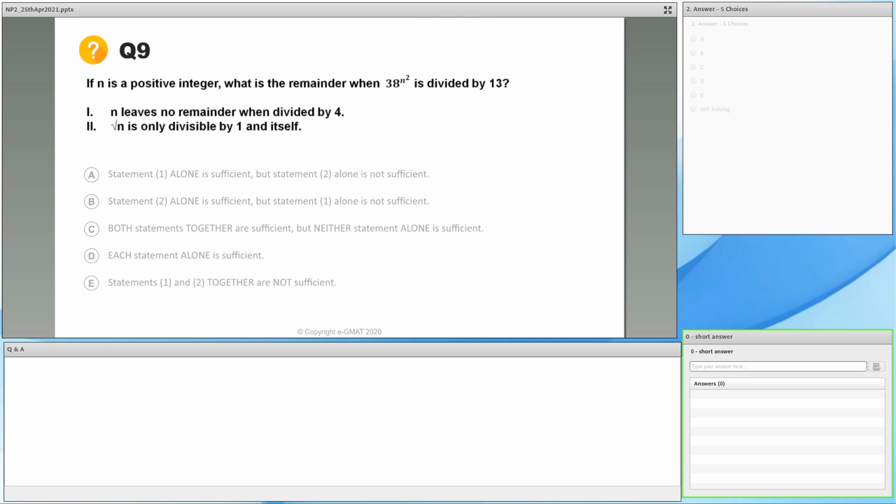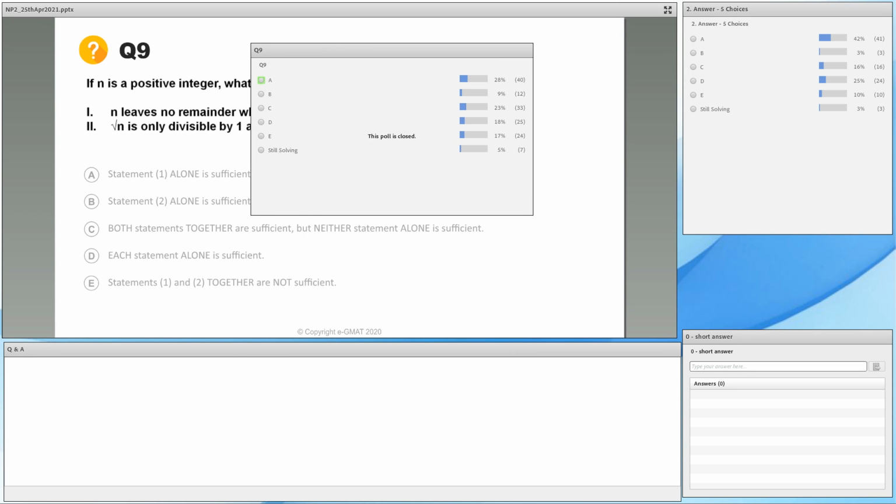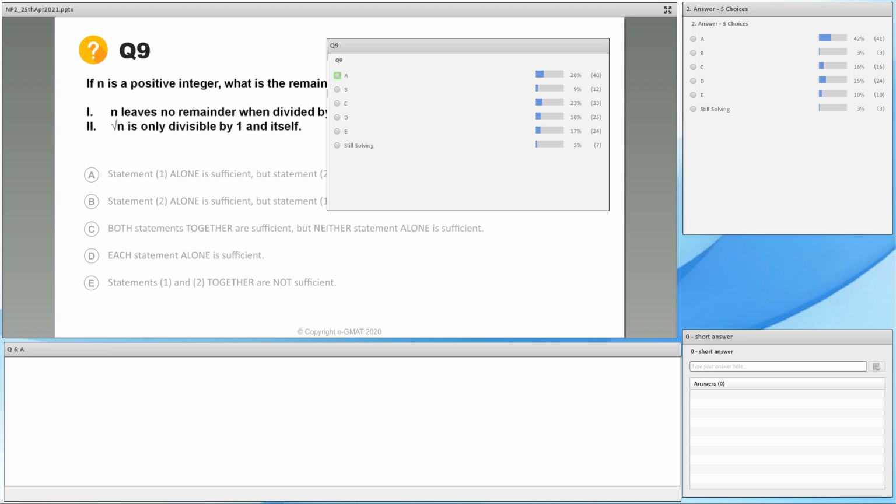Let me just broadcast the results. Option A was chosen by 42%. And again, let's do that compare and contrast, which I keep telling you about. Let me check. Are the results visible? Yes, they are. Option A is the correct answer for this question. Last time 28% of the batch chose this. Now it's increased to 42%, which is good.